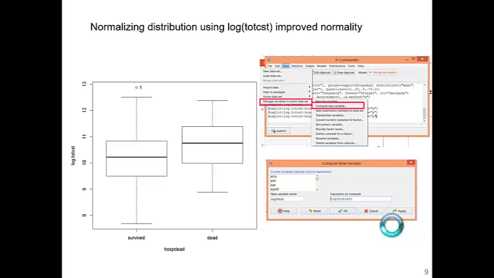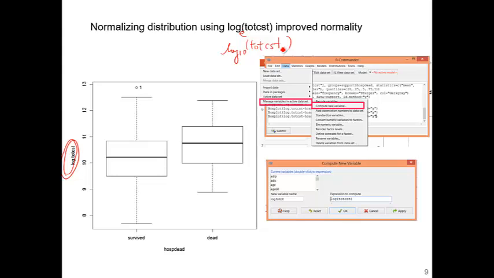I'll show you how to transform data in R. All you do is, here I'm using natural log transformation and creating a new variable. You don't have to worry about using log of e or log of 10. Statistically, the p-value would be the same if you use either one.